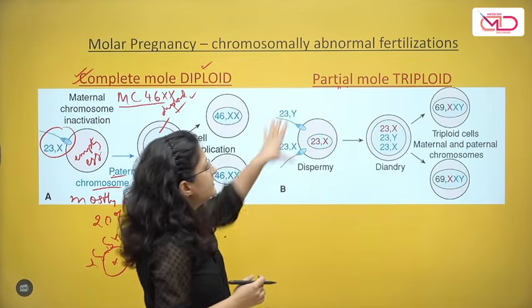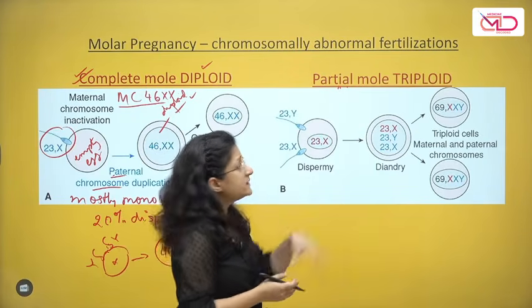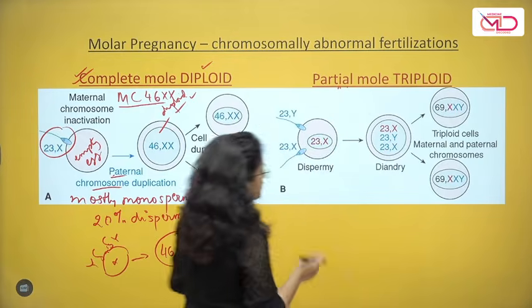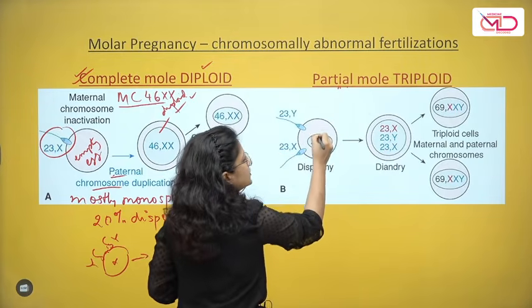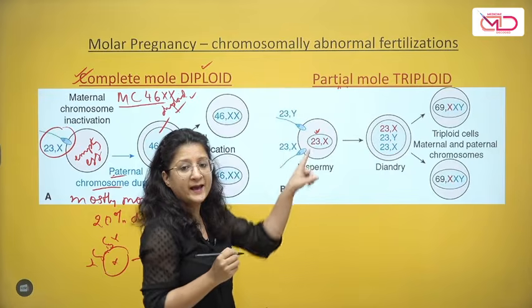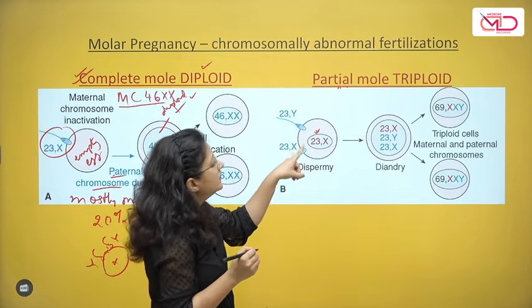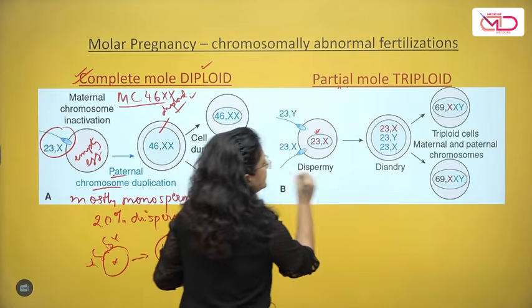Now, what happens in a partial mole on the other hand? As you can see, partial moles are triploid. So what happens is the egg is not empty, right? The egg contains its chromosomal material and dispermy happens.